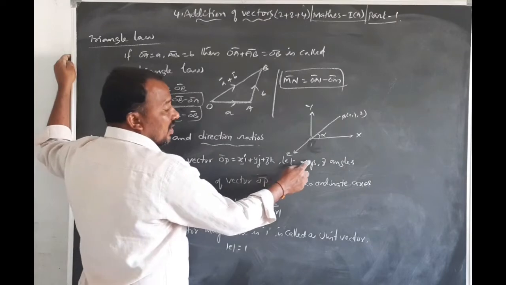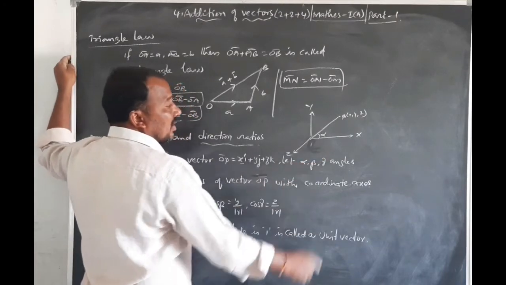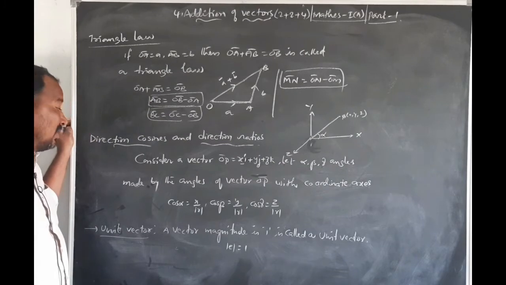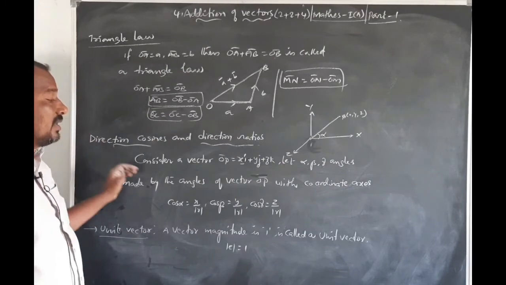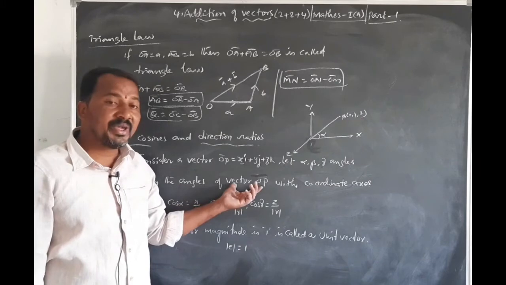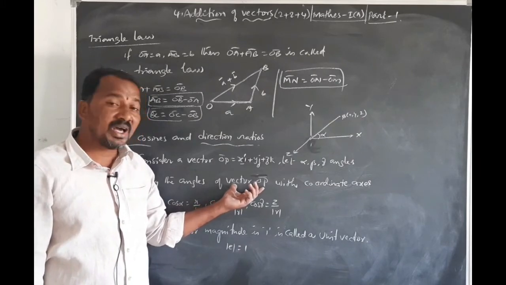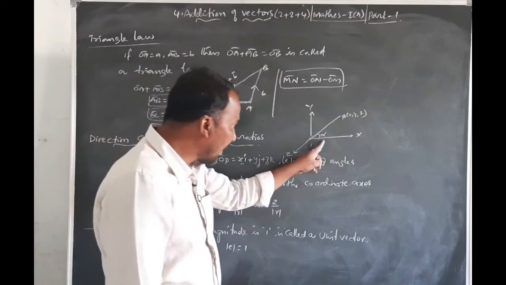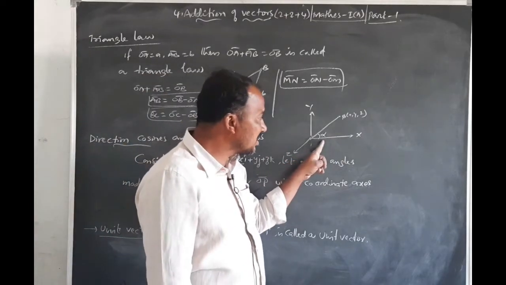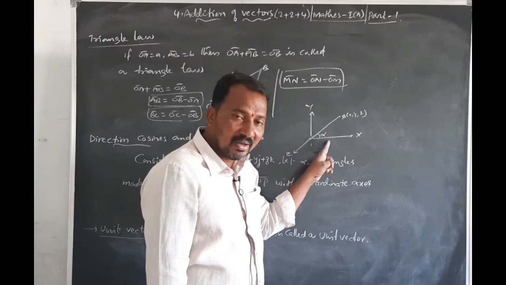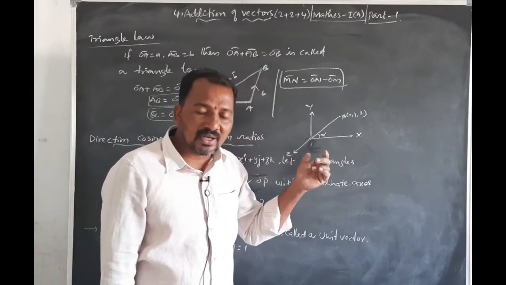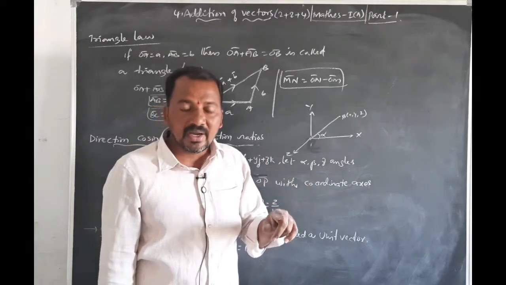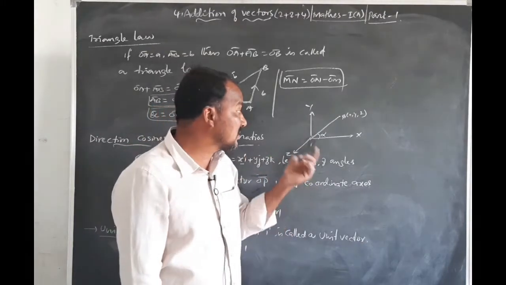Let alpha, beta, gamma be the angles made by the vector OP with the coordinate axes: the angle with the x axis is alpha, with the y axis is beta, and with the z axis is gamma.